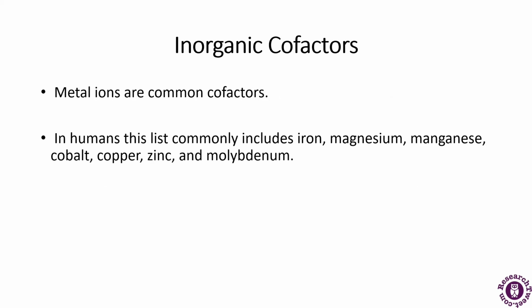Now the inorganic cofactors. The inorganic cofactors are generally metal ions, and metal ions are common cofactors. The study of these cofactors falls under the area of bioinorganic chemistry. In which field of study do they fall?